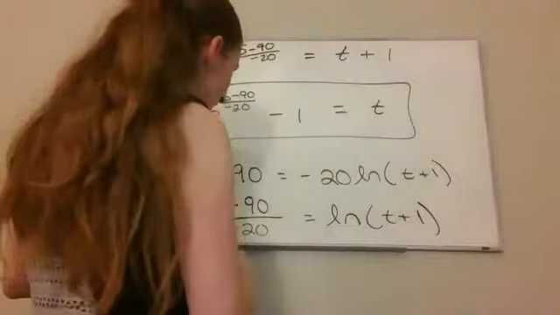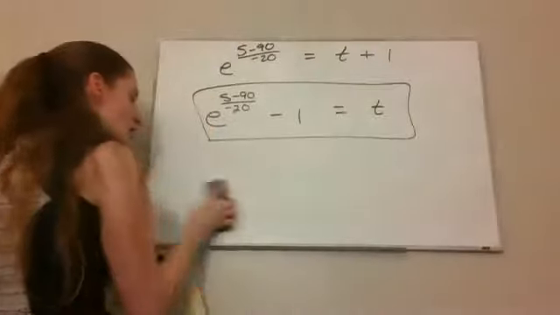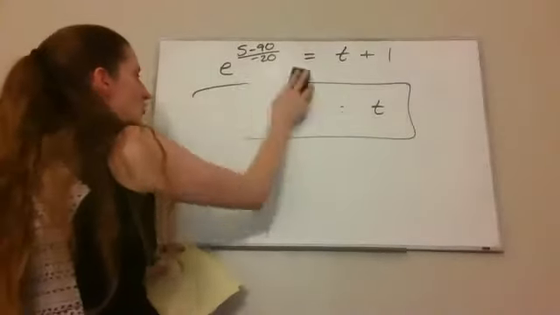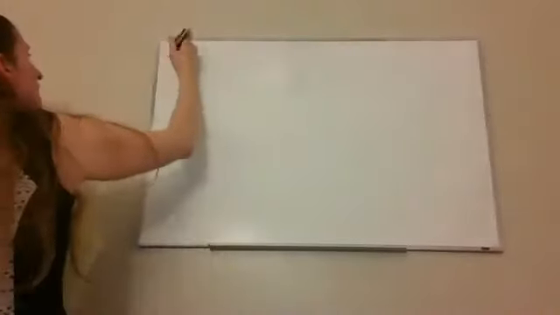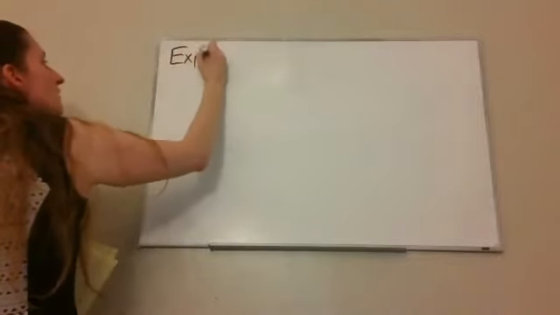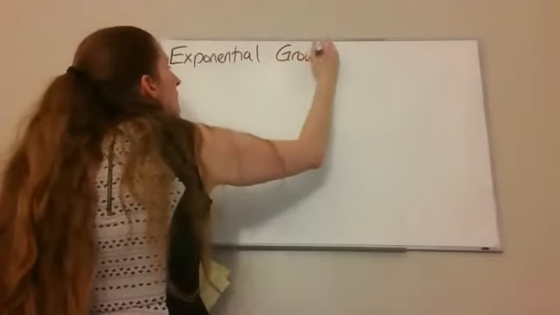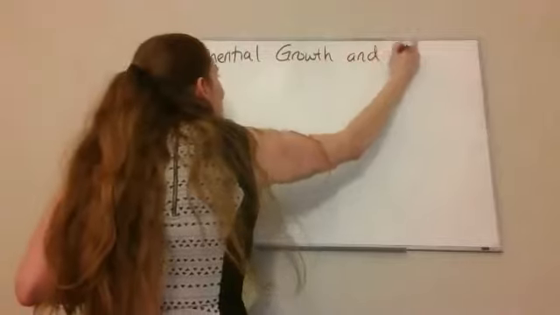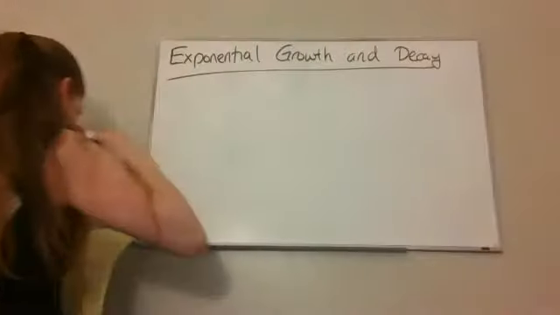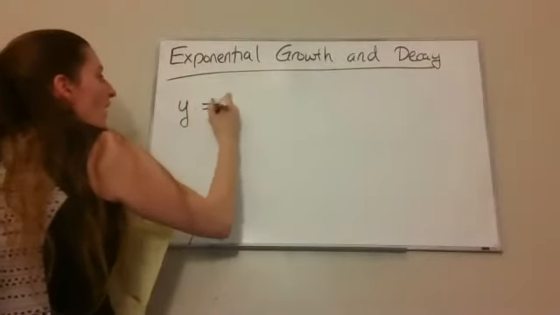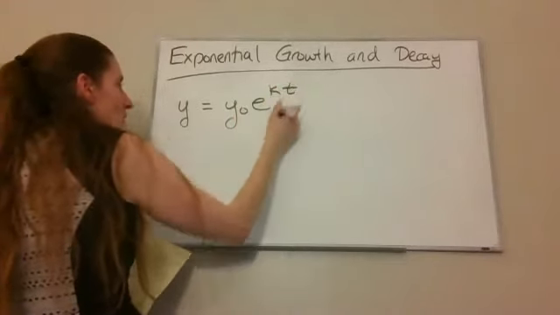So for our first example of using these types of equations to model real-world situations, we're going to talk about exponential growth and decay models. Our exponential growth and decay models look like y equals y0 times e to the kt power.